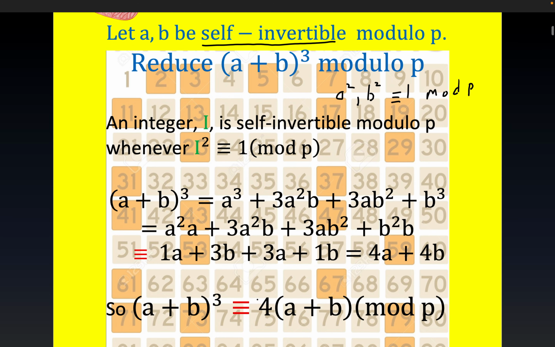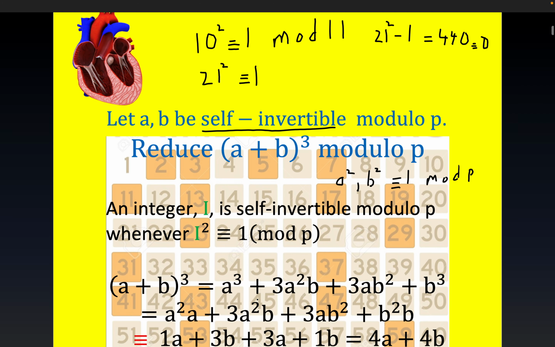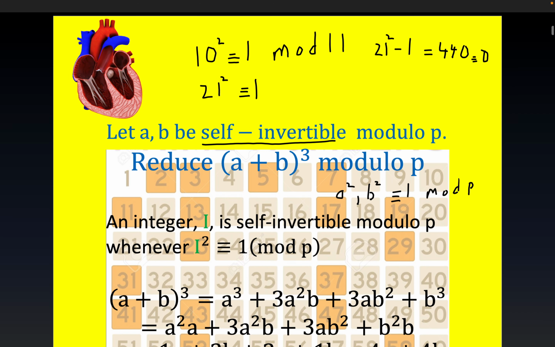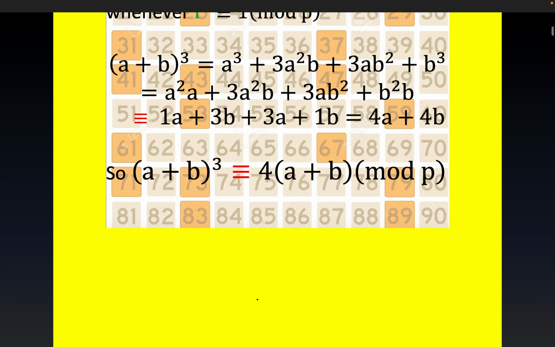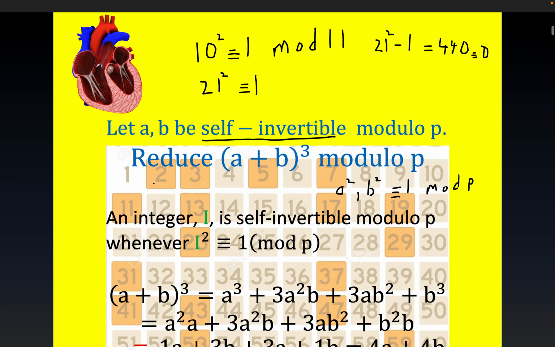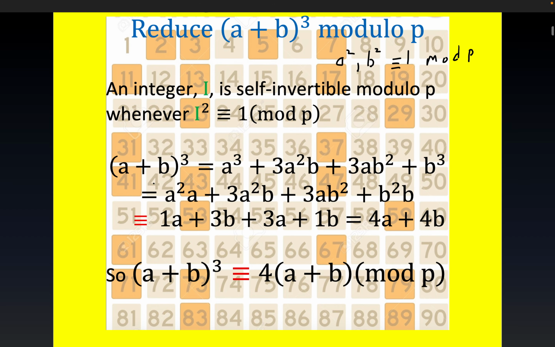Now let's take a look. What did we use a while ago? 21 and 10 were shown to be self-inverting. So right here you could go 21 plus 10, so that would be 31 cubed. Again, I'm using A equals 21 and B equals 10.